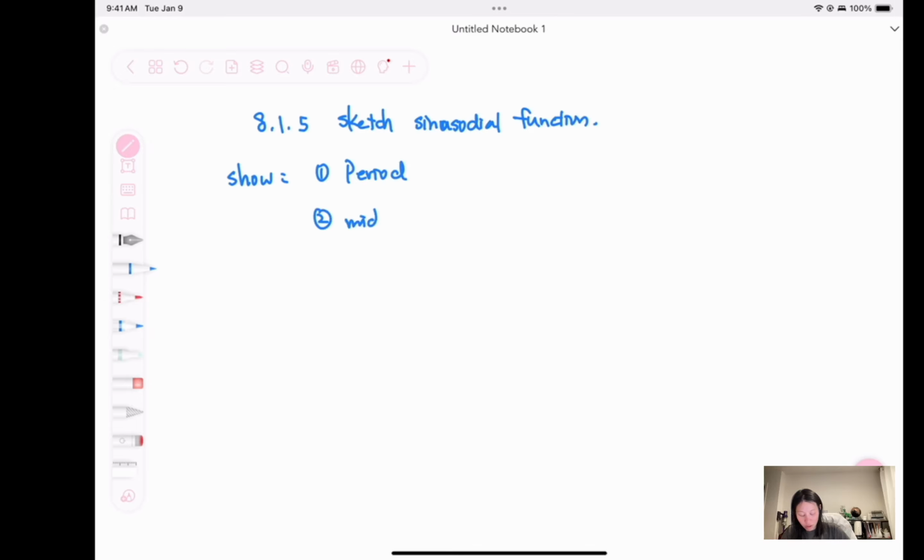Second, I want you to label the midline with a dash line. Three, you also need to point out the minimum and the maximum. Last part is what you can do is check your answer on the decimal scientific calculator.